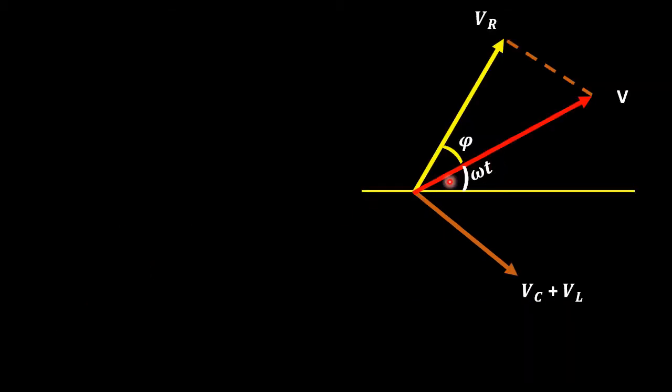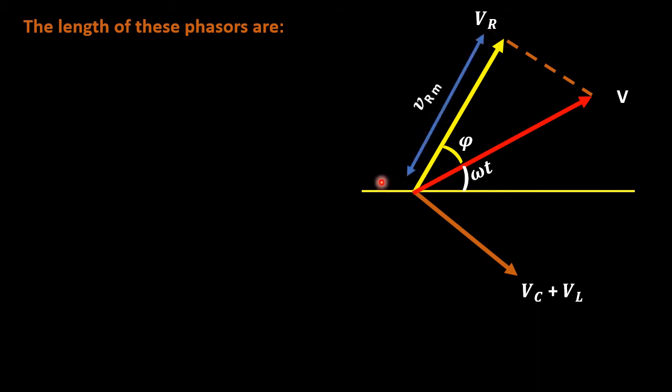Now in this diagram we have included the phasor V, and previously the phasor VL was in this direction. Now here we have combined and written VC plus VL. Now we need to find the length of these phasors. The length of the phasor VR, this length, is represented by VRM and is given by VRM equals Im into R, which is maximum current into resistance.